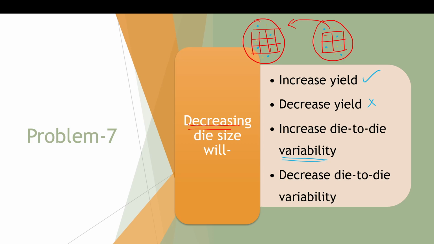This die has two defects. This guy has one defect. This guy has one defect. This guy has no defect again. This guy has two defects. This guy has one defect. In this one, both of them have two defects.